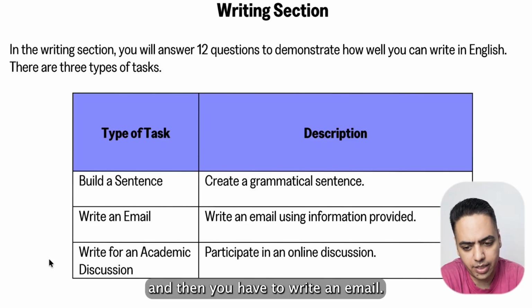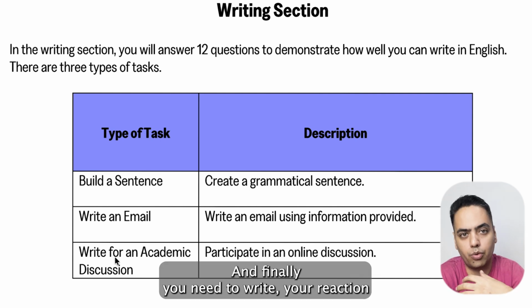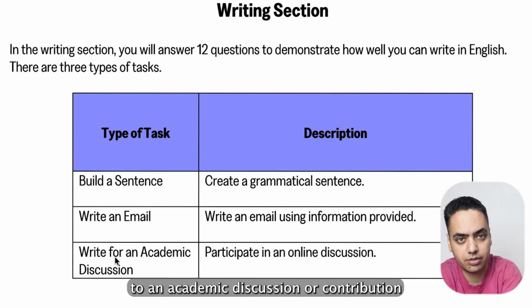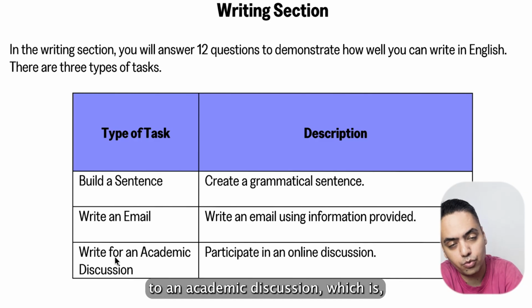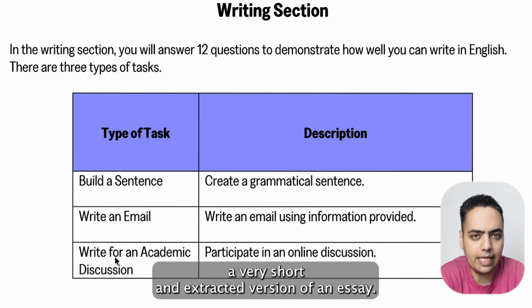Then you have to write an email, and finally you need to write your reaction to an academic discussion, or contribution to an academic discussion, which is a very short and extracted version of an essay.